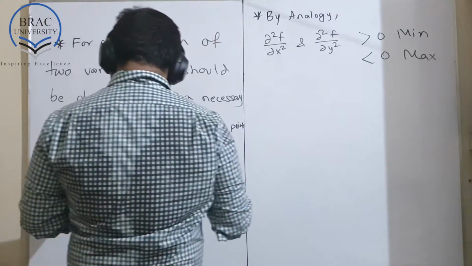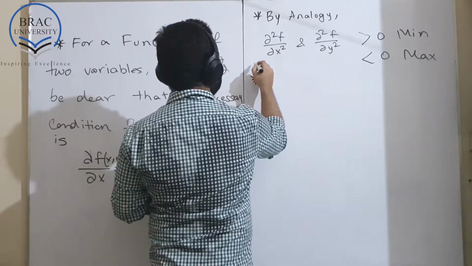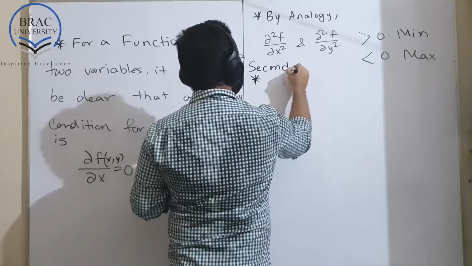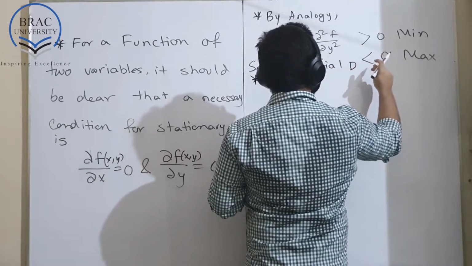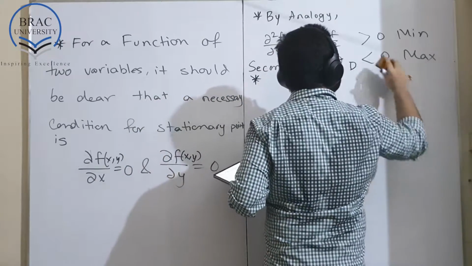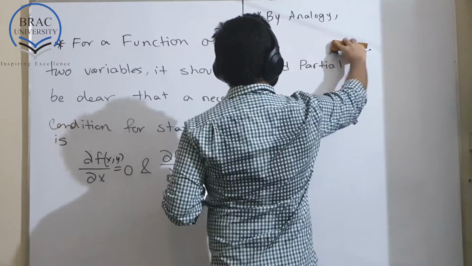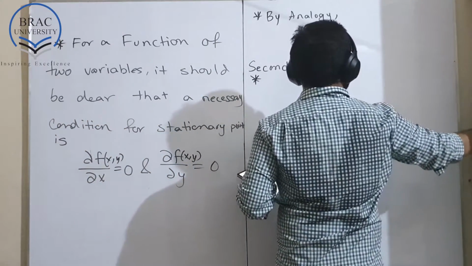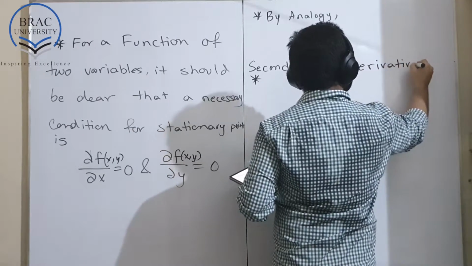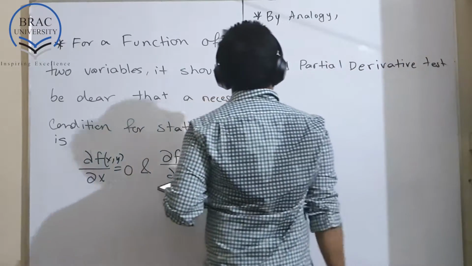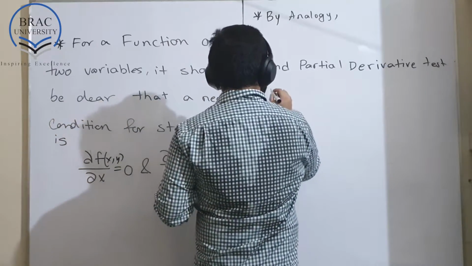So let's write everything out. This is called the second partial derivative test. This says the first is minima.